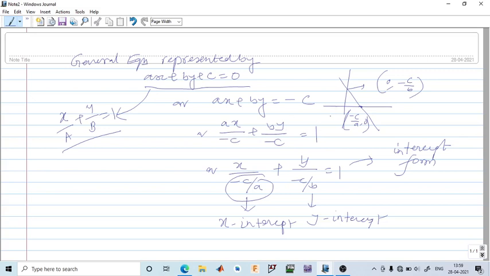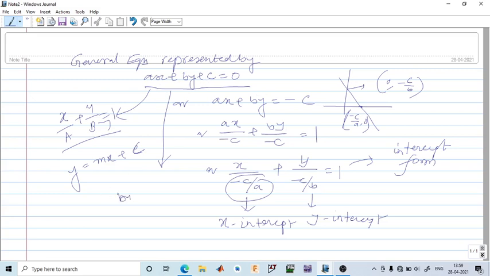If you want to represent in slope intercept form, that is y equals to mx plus c, then I need to take x and c, say capital C, on the right hand side.